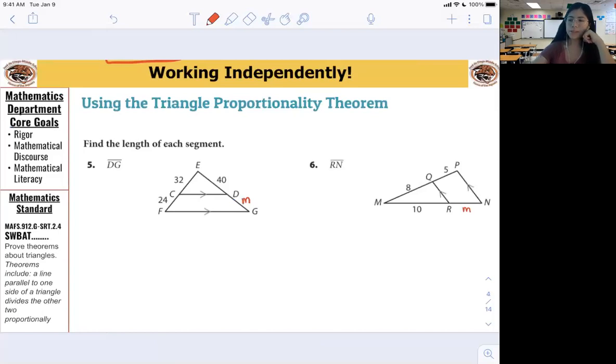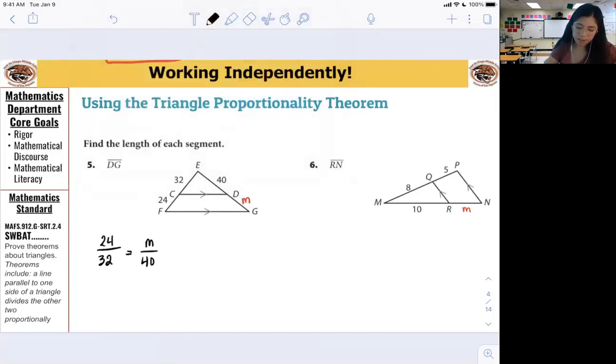Alrighty, time is up. So number 5, what proportion can I set up here? So we've got 24 over 32 is equal to M over 40.